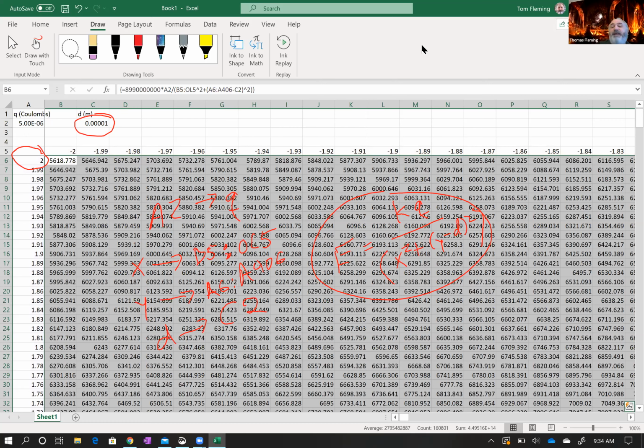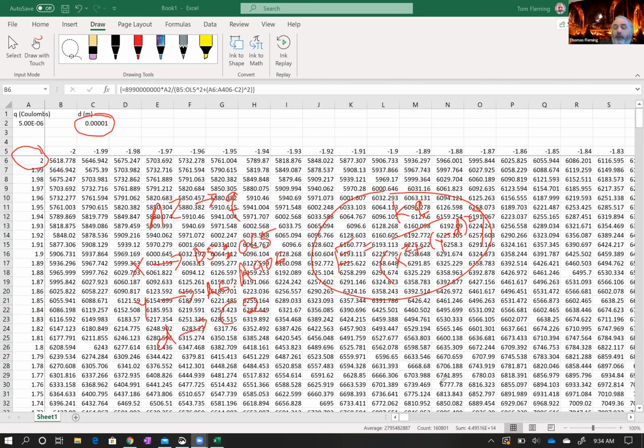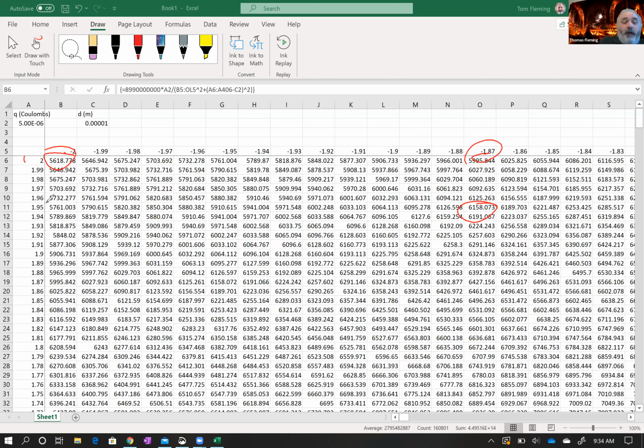Control Shift Enter, boom. And what it has done is it's put that formula in every one of those highlighted cells. But in each cell, it is utilizing the appropriate value of x. So when I look right here, it's using -2 for x and +2 for y. When I look right here, it's using -1.87 for x and 1.95 for y, right?